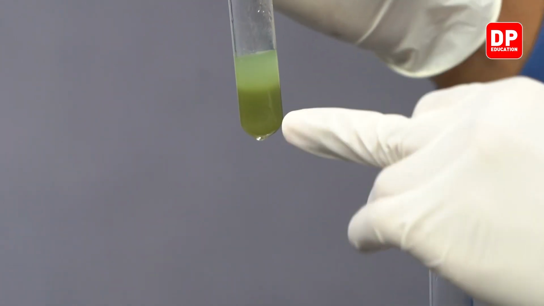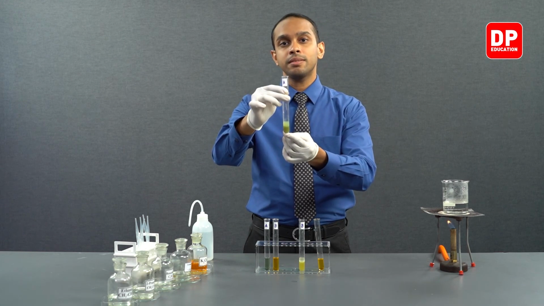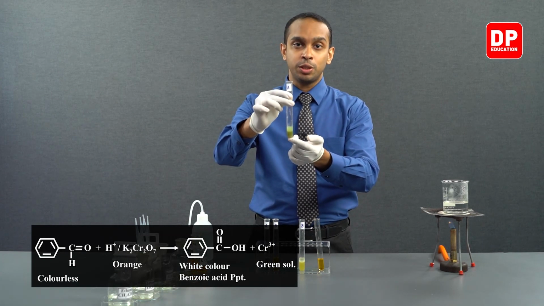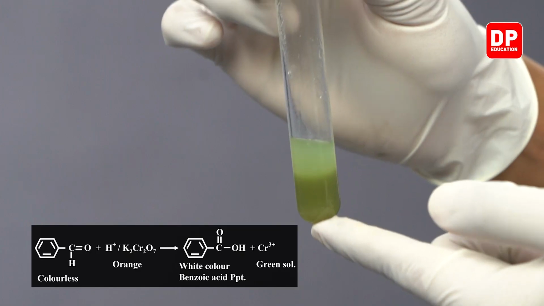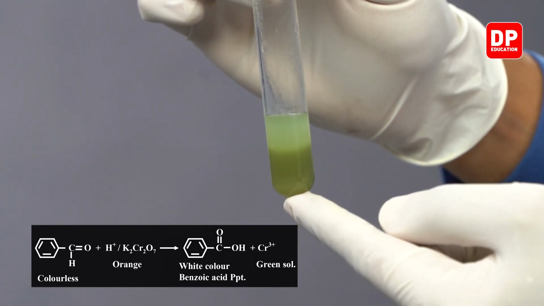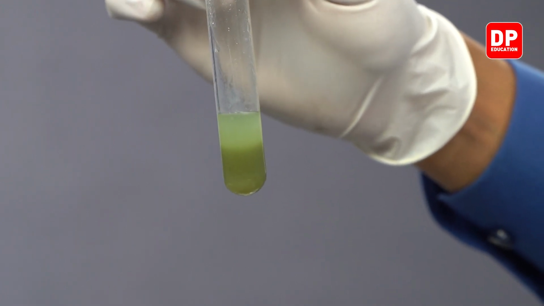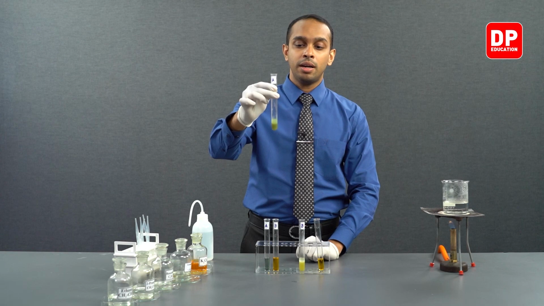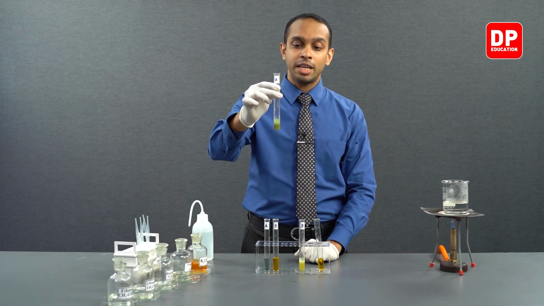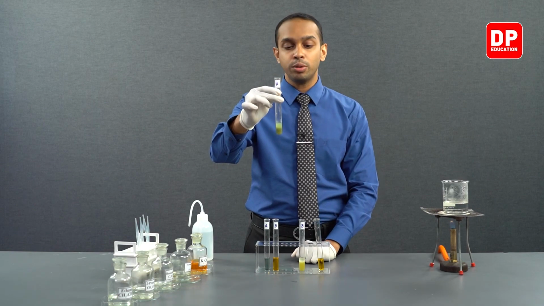Now after a while, you can see, when we added benzaldehyde and acidified potassium dichromate, mixed the two together, and allowed it to react under elevated temperatures, the reaction was happening a little bit faster than at room temperature, and the dichromate ions' orange color disappeared and turned into a green color. At the same time, there's a little bit of a cloudy nature.